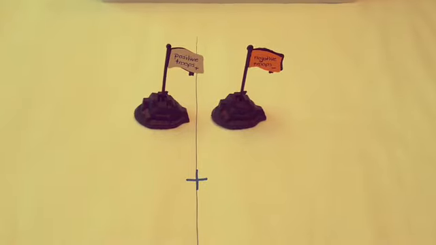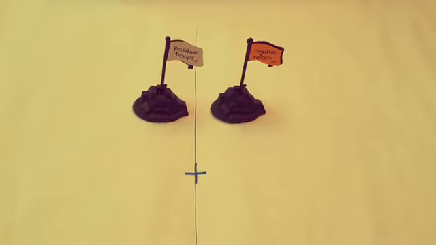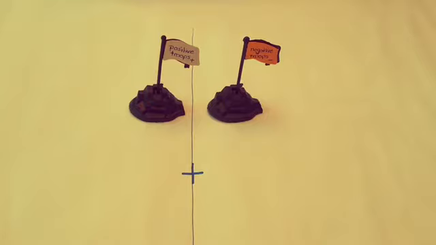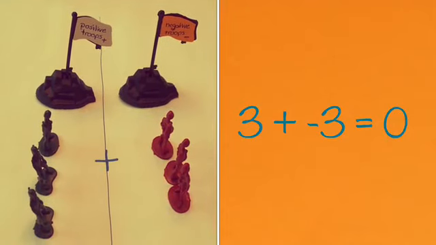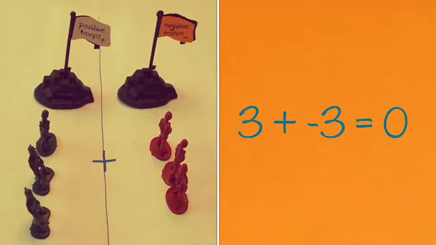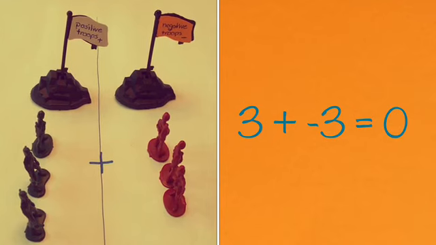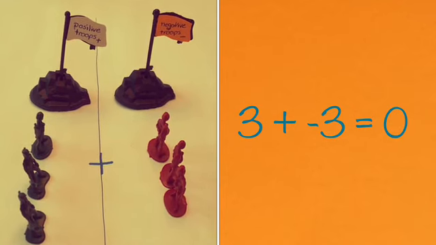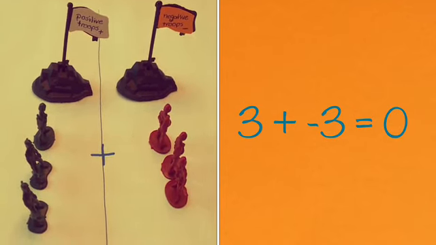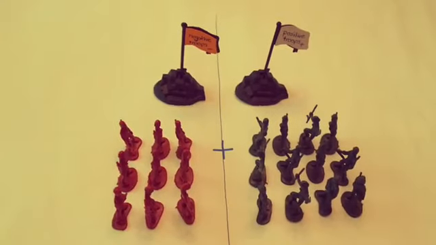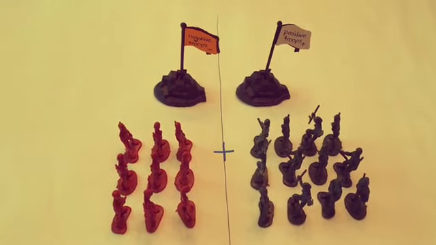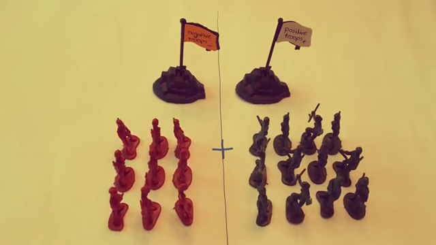And in war, actually, this will be a nice peace treaty. We could also look at this and say the same amount of positives plus the same amount of negatives will always equal 0.